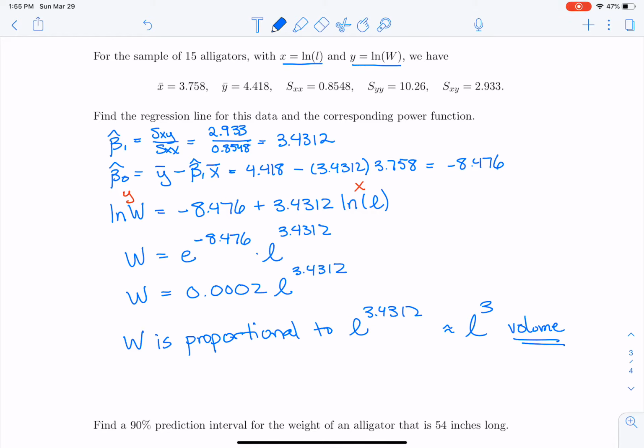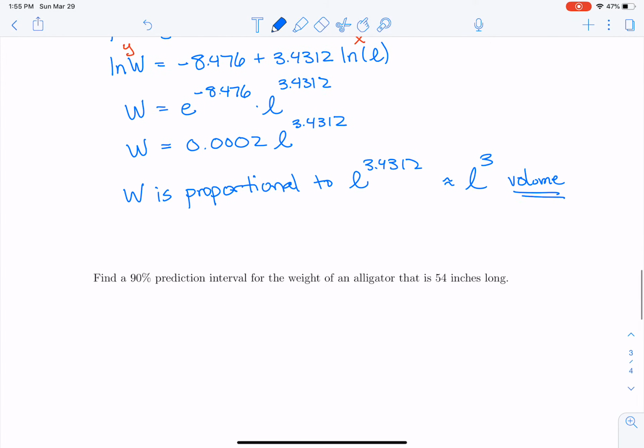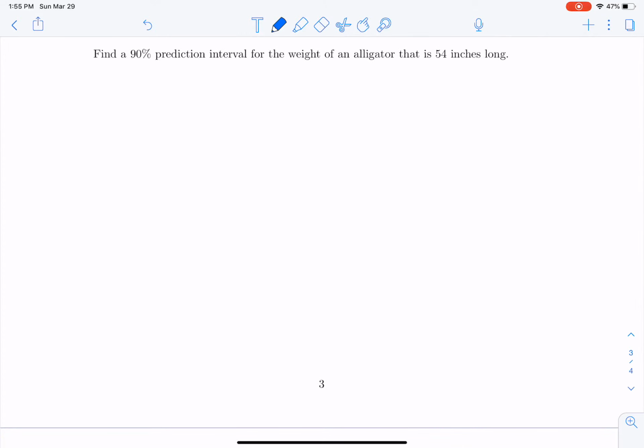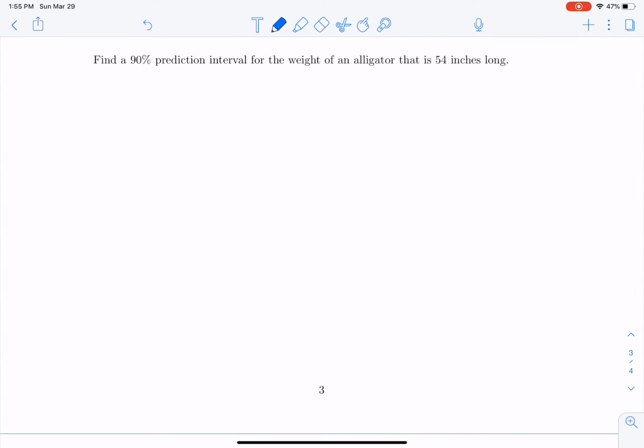Now, I want to show you how you can use this information to predict the weight of an alligator that is 54 inches long. So let's find a 90% prediction interval for the weight of an alligator that's 54 inches long.